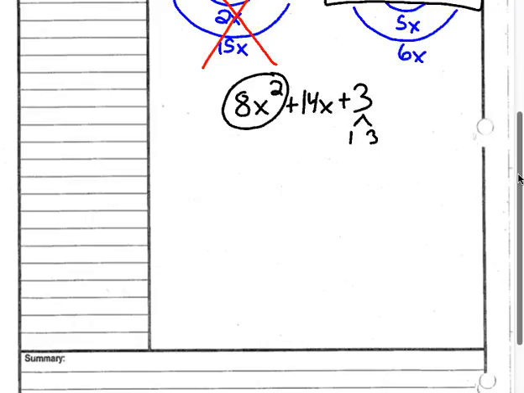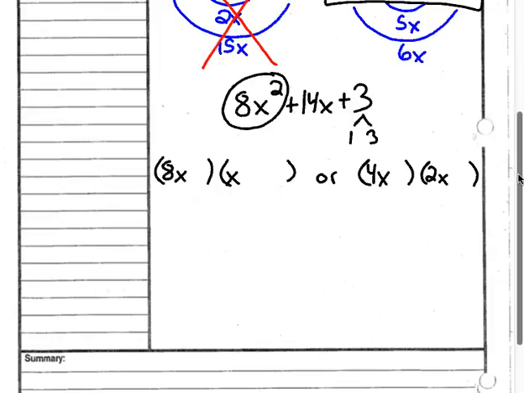Okay, because that front piece, how can I get an 8x squared? Well, here actually, there's two ways to make that happen. I could have 8x and x, or that could be a 4x with a 2x.